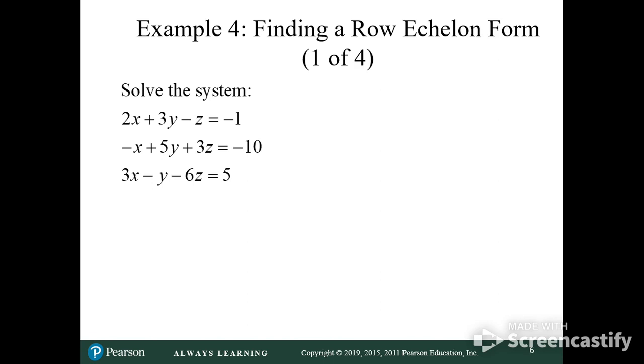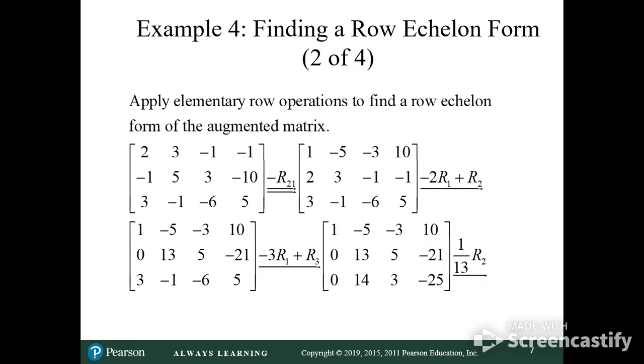All right, so finding row echelon form. If we're solving this system by row echelon form, what we do is we do math to these, so we make zeros start appearing in kind of a diagonal pattern, okay?